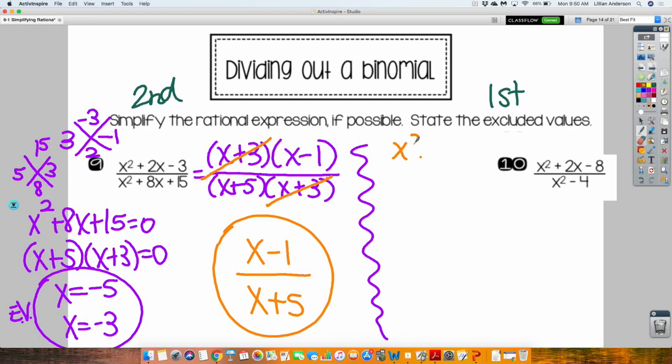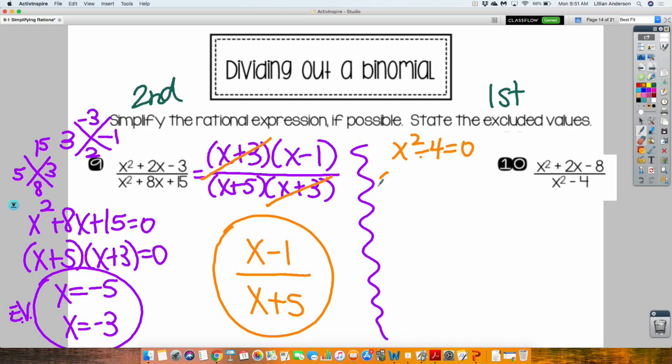Set the denominator equal to 0. Let's factor this to solve for the excluded values. It's two terms with a minus, and both of these are called what? Perfect squares.